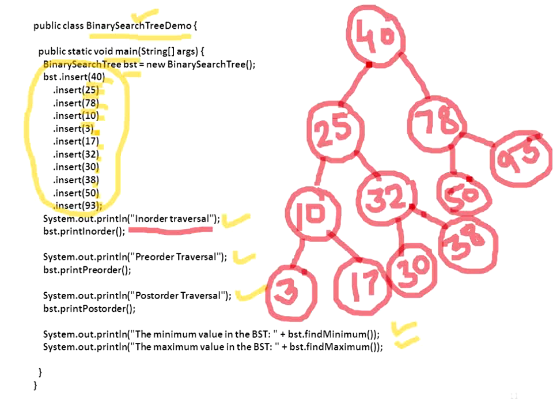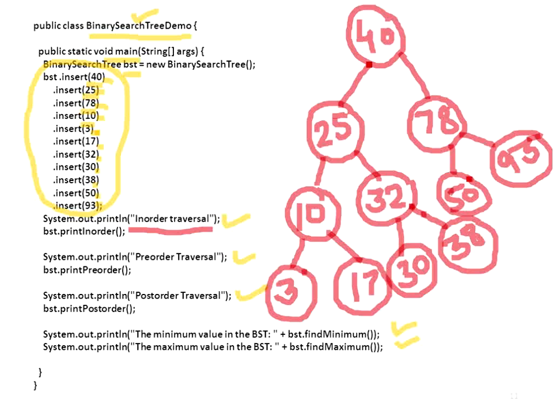So first of all, we have to visit left subtree. So what will be the answer? Yes. First of all, 3, then 10, then 17, and so on.